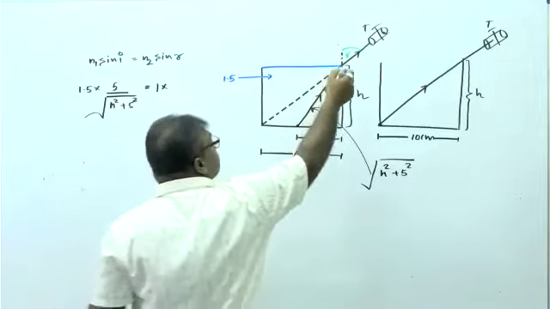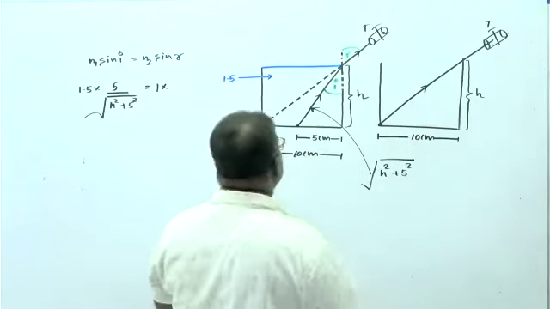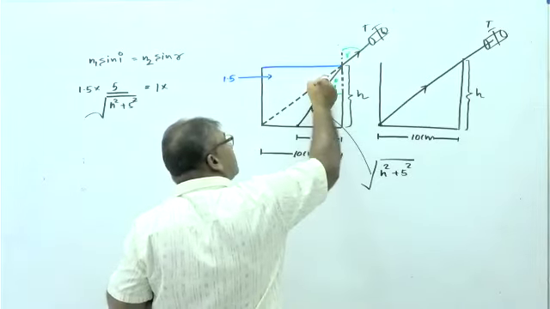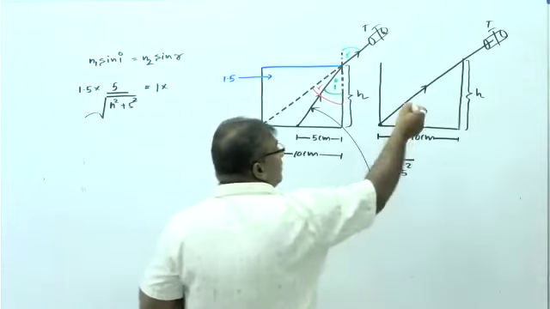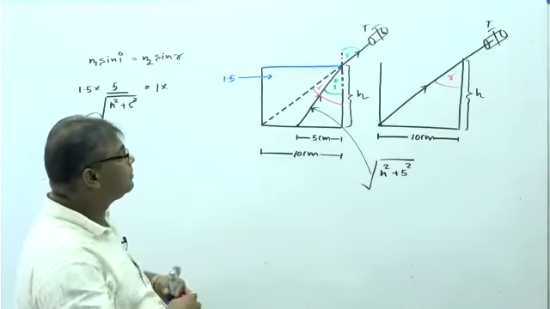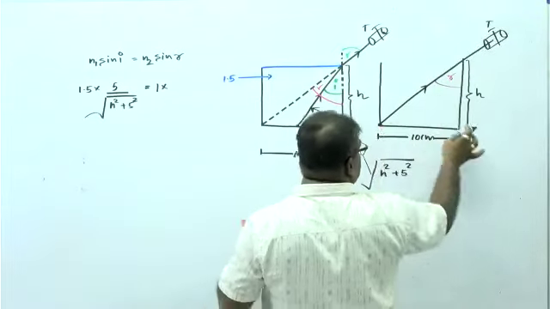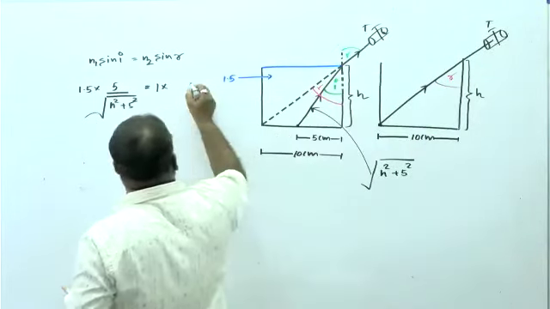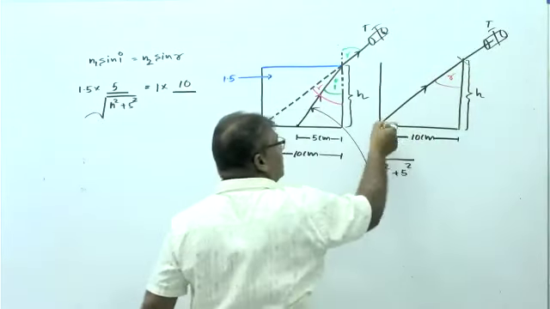Sin R equals, this angle, isn't it? Here, that's R, no? The whole angle, this one is same as R, right? Okay, then sin R is the opposite, 10, divided by the hypotenuse from here to here.